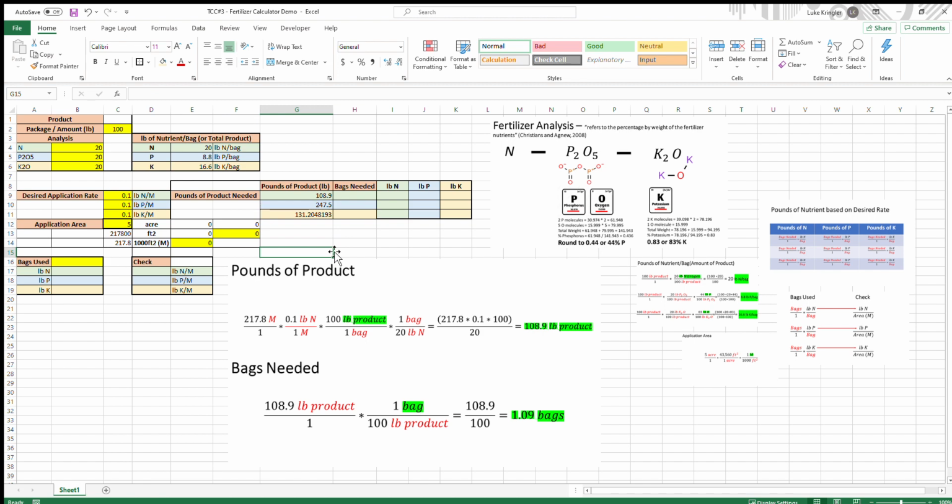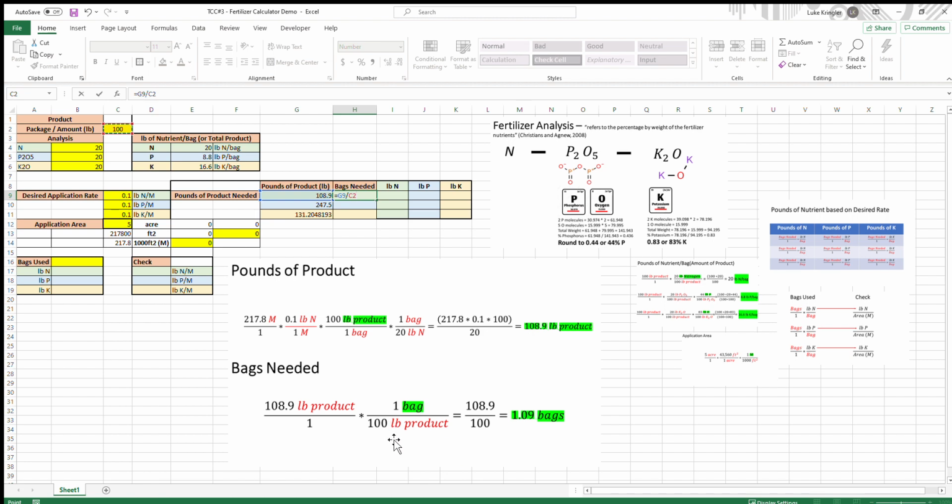Now we're going to move to how many bags do we need to apply to deliver this weight of product. And what we're going to do is take our equal sign, the number we just calculated, pounds of product needed to apply at that given rate, equals the 108.9, and we're going to divide by the pounds of product in one bag.